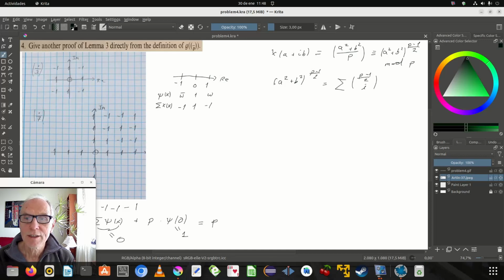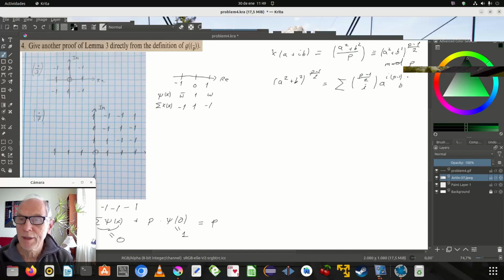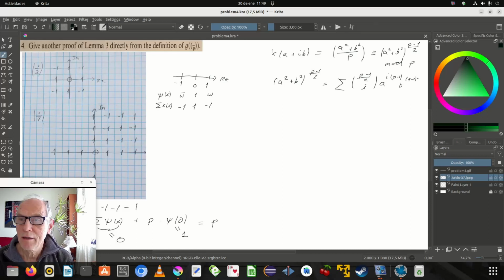A squared to this power gives a to p minus 1, and b to n minus i, p minus 1. And we know that a to p minus 1 is equivalent to unity.